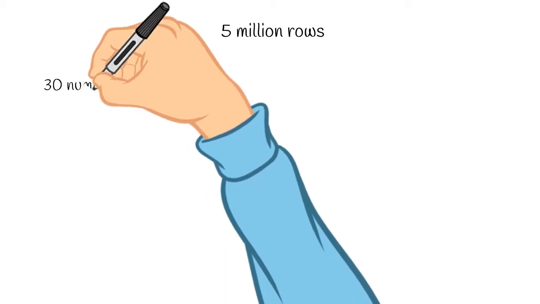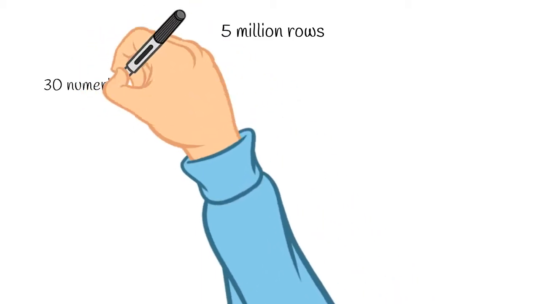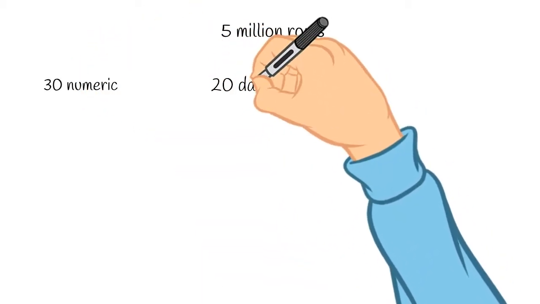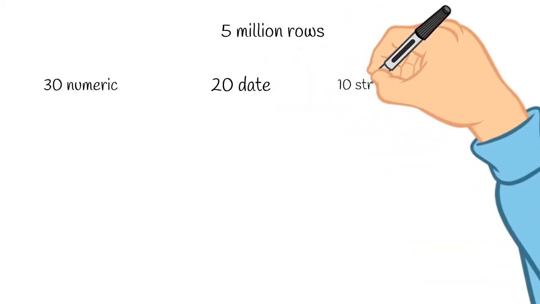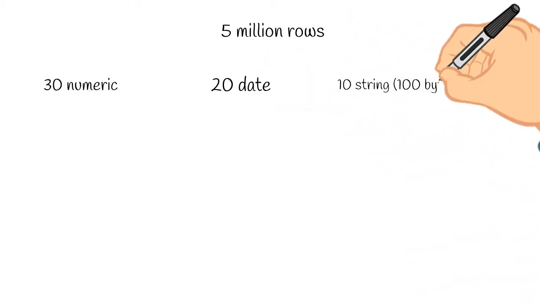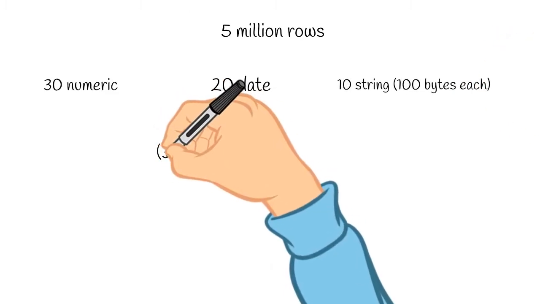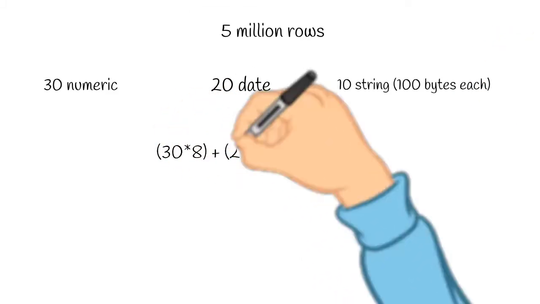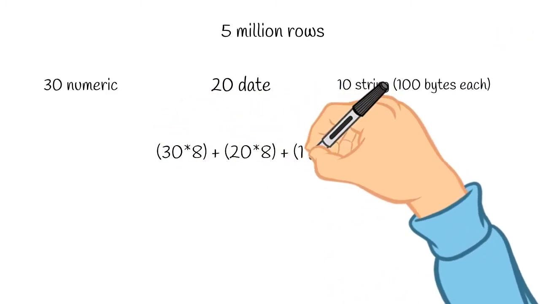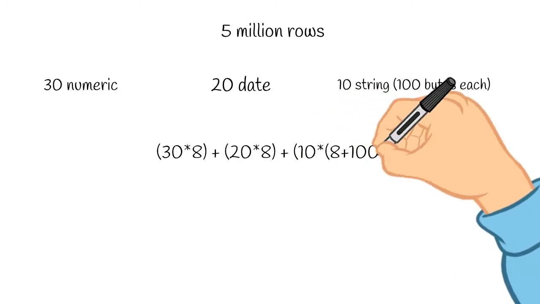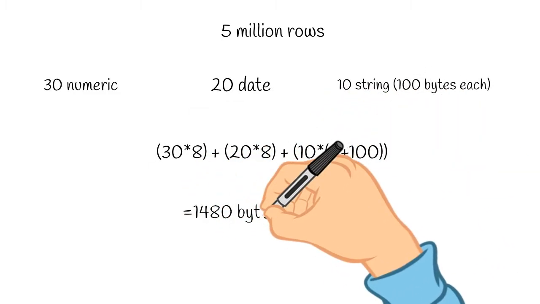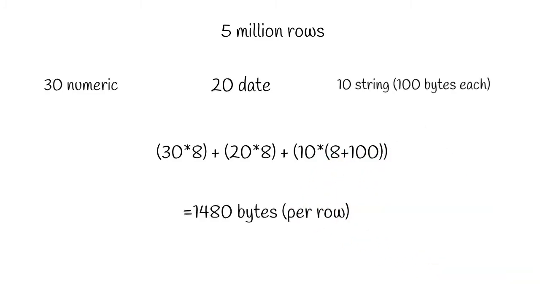Let's say this data has 30 numeric fields, 20 date fields, and 10 string fields of 100 bytes each. Then your total logical row size in bytes will be 30 times 8 plus 20 times 8 plus 10 times 8 plus 100, which equals 1480 bytes for each row.